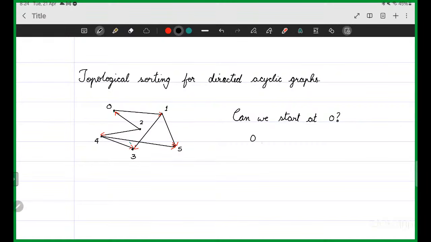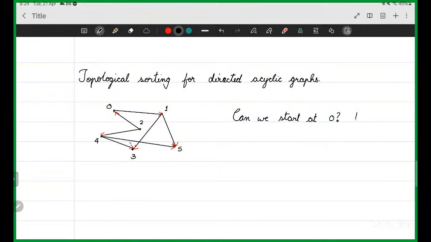So if you have 0 and then somewhere you get 2, then 2 is coming to the right of 0. And 2 is a prerequisite for 0, right? So that cannot be done. So the idea was correct.